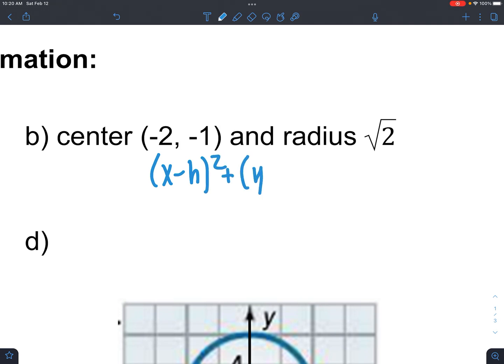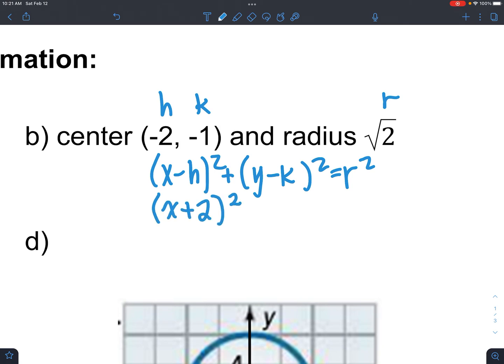Okay, so again, let's be careful about these negative signs. So h and k and r. h will go here, and it does change the sign. So anytime there's a negative, it'll flip it to positive. And the radius here is actually a square root.